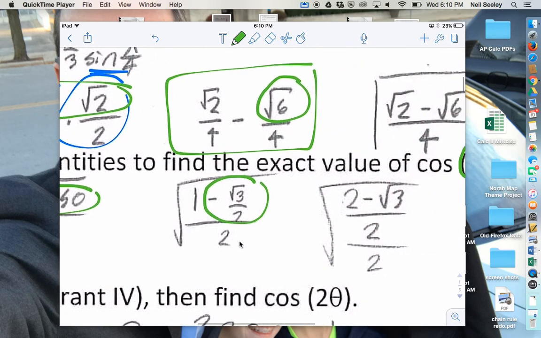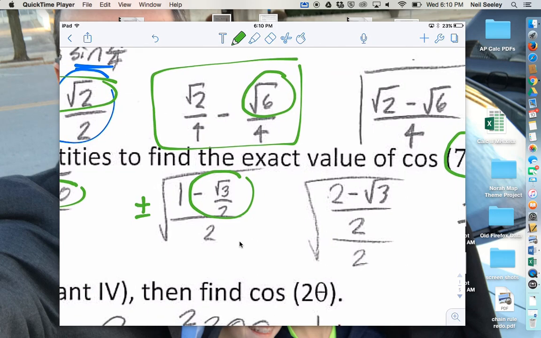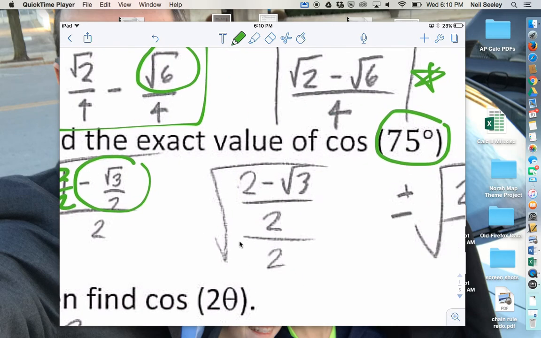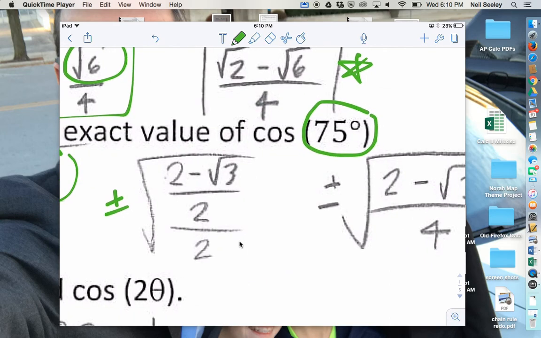And then when you get to that stage, remember this is still plus or minus for the moment, then you want to realize that, hey, I can make this 2 over 2 and combine fractions. So in the land of simplifying, if you see things with fractions being added or subtracted, you want to get a common denominator and go about subtracting those. We still have this plus or minus. There it is, 2 minus the square root of 3 over 2.